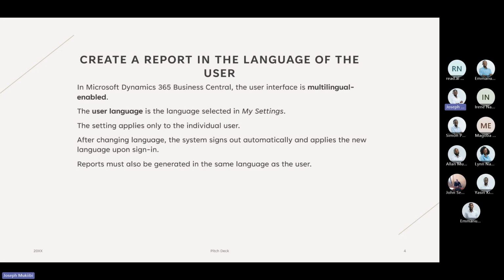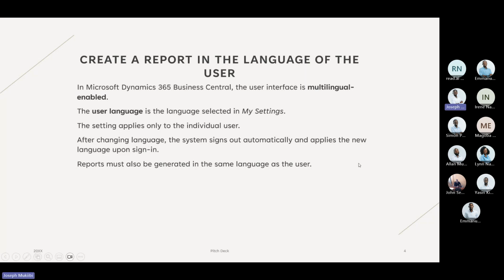Under my settings, mostly we deal with switching company, but there is another aspect, the language. Switching the language will apply only to the user that is using the system. So that's your user settings.